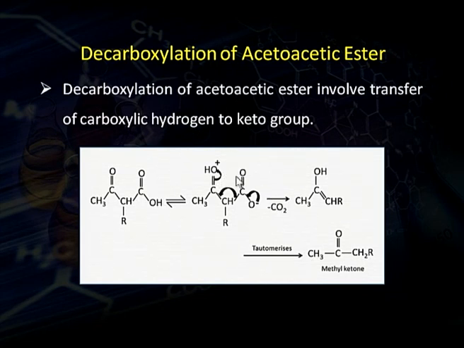It loses CO2 and gets converted into an enol, and the enol upon tautomerization, that is, the double bond shifts to this position and a proton comes to this carbon, gets converted into a methyl ketone. Decarboxylation of acetoacetic ester.